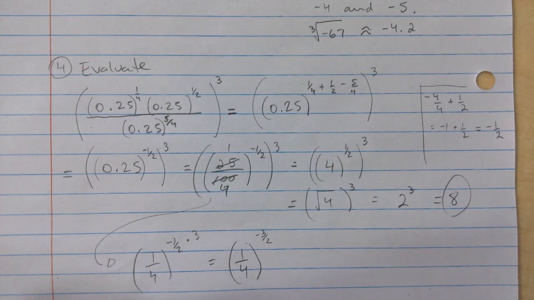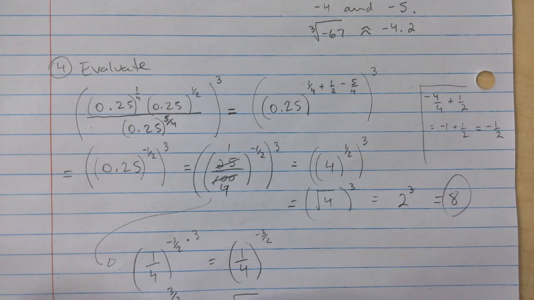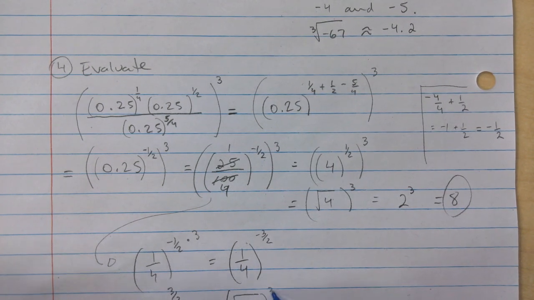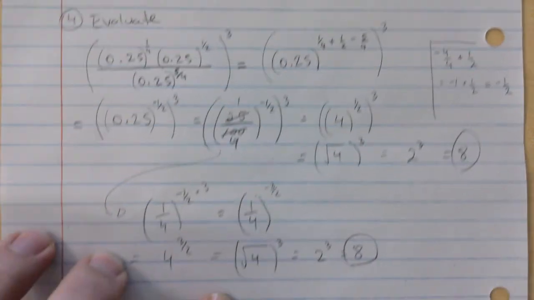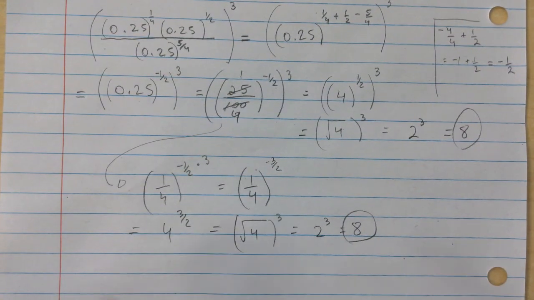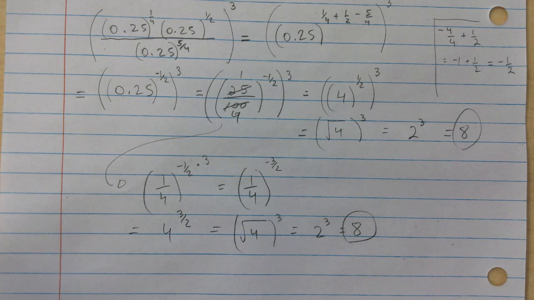You flip the inside to make it positive, and then it's square root of 4 to the power of 3. That's 2 cubed, and that's 8. So you arrive at the same destination either way. But sometimes it's strategic, it's easier to do something before you do something else.